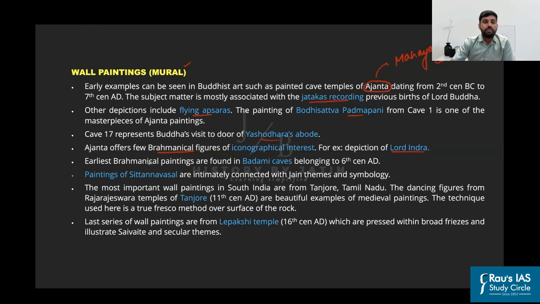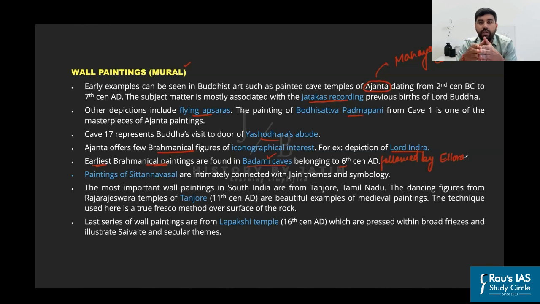Right? Earliest Brahmanical paintings are found in Badami caves. This is Brahmanical paintings. Earliest. Followed by, I'm just writing, followed by Ellora. Ellora and Badami, right? Please understand this.